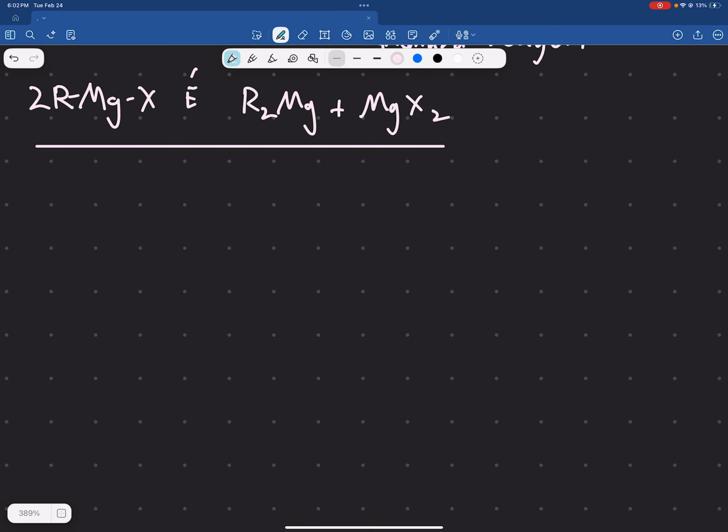All right, let's move on to organolithium reagents. You're usually going to see them with the formula something like that, and this would usually be prepared by treating an alkyl or alkynyl halide with 2 equivalents of lithium metal. And the oxidation state of this lithium is going to be +1.